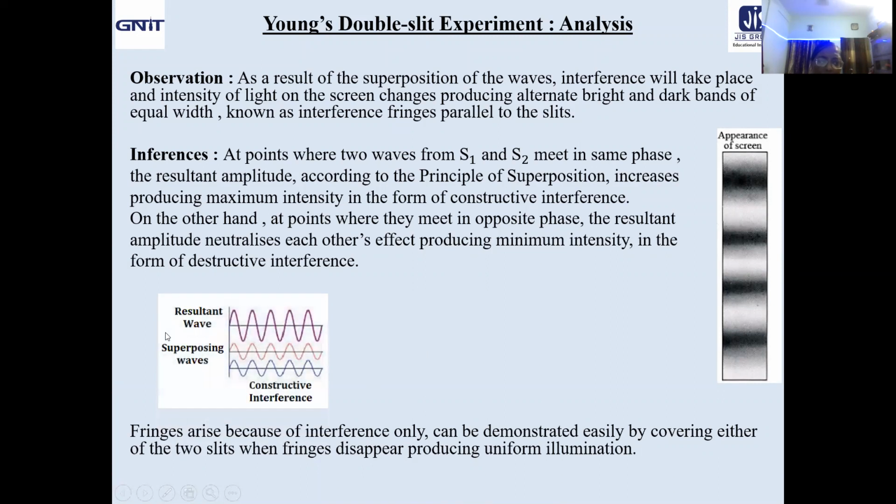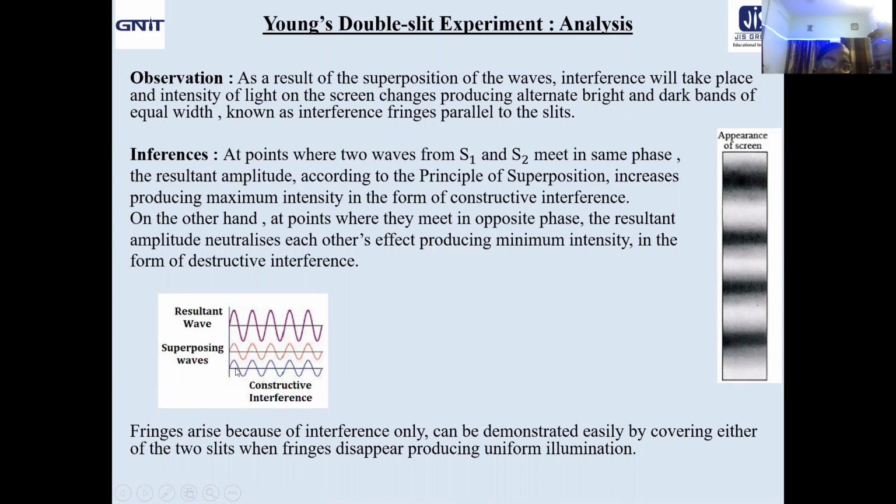So let us take a look here. Now, this is one superposing wave, say coming from the first source S1 in the form of Y1, the displacement. This is the second superposing wave coming from the source S2 in our case. Now look, they are meeting in the same phase, so crest to crest, trough to trough. So we will expect constructive interference, and the resultant wave, take a look, is reinforced.